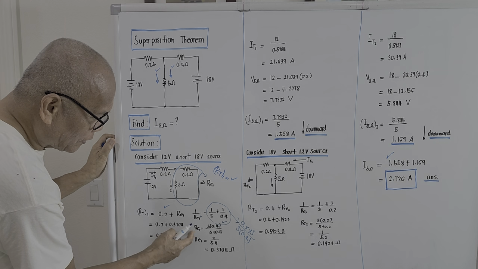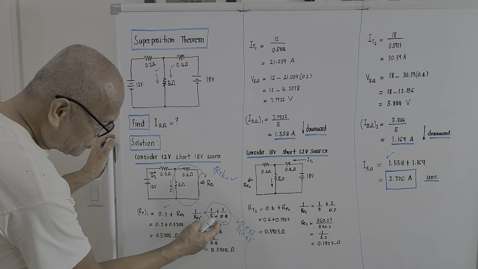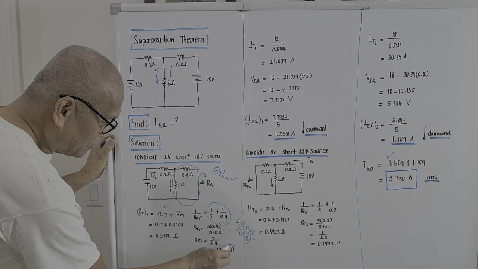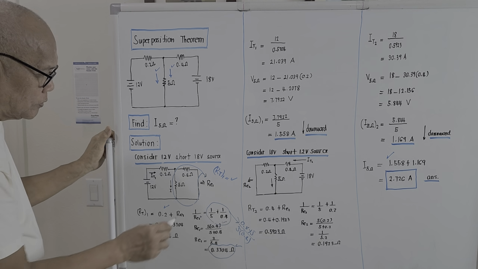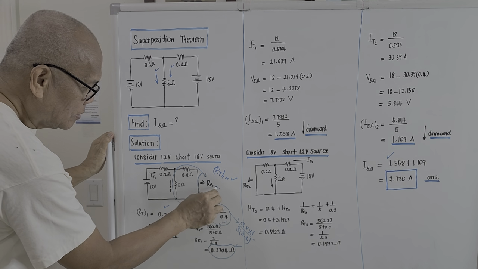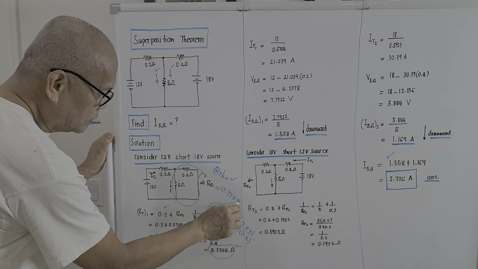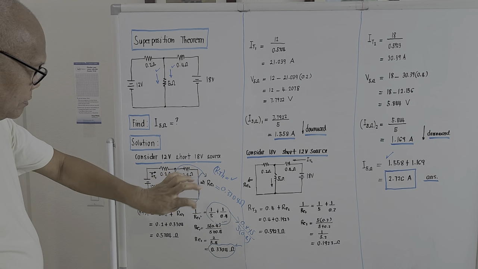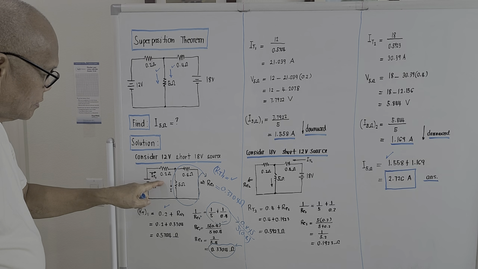So RE1 will be 5 times 0.4 over 5 plus 0.4, and what comes out is 0.3704 ohms. So the single equivalent of this will be 0.3704 ohms. After taking the single equivalent, it will now be in series with this.